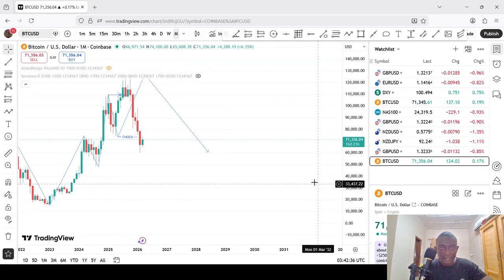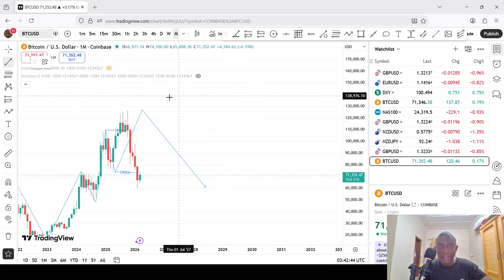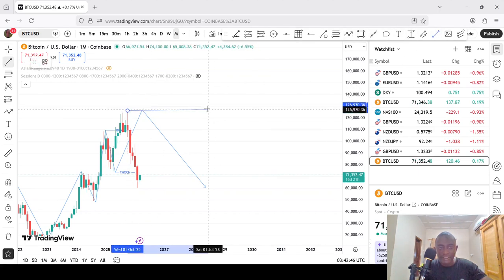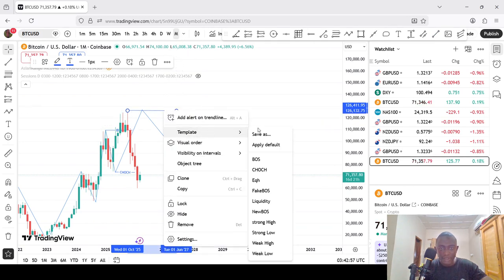Now this point is our strong high. The strong high, you just have to mark it from the monthly perspective. Okay, so let's label this one as a template.